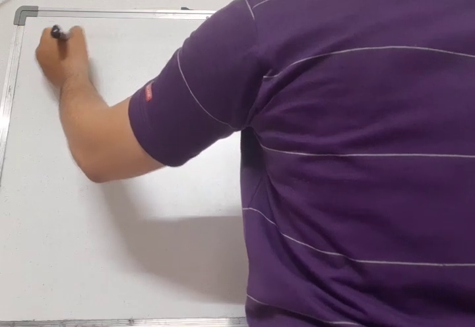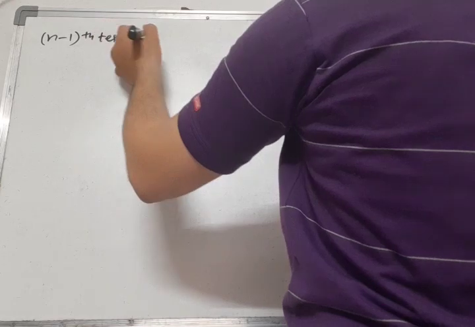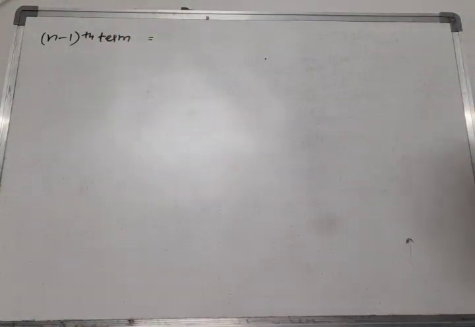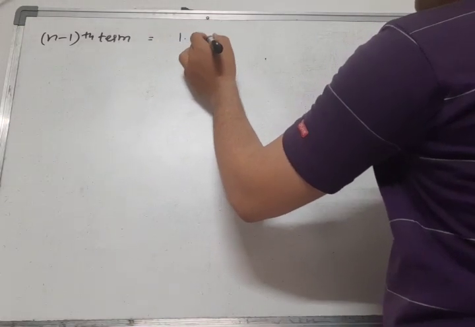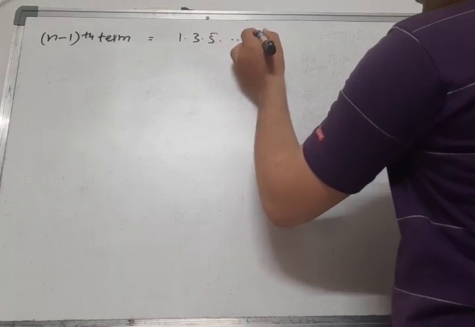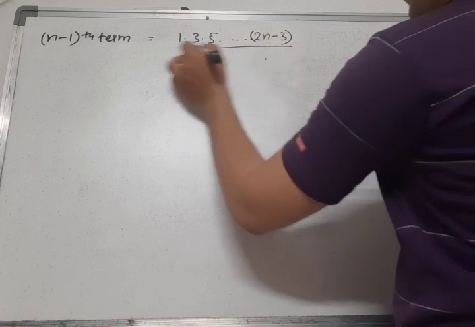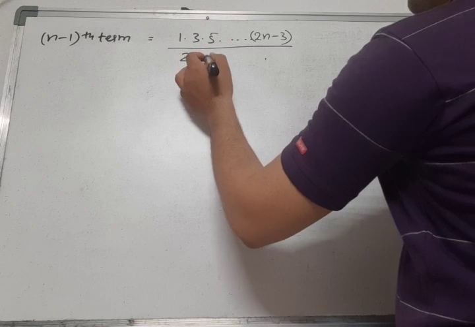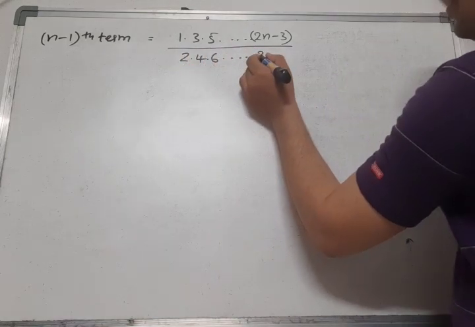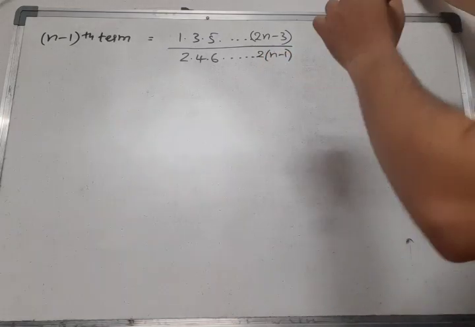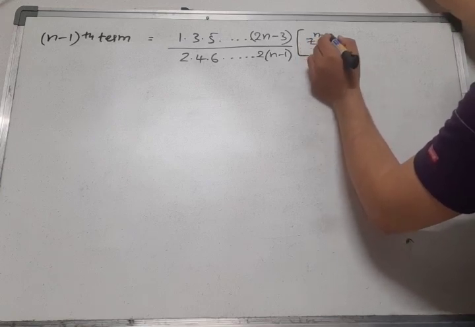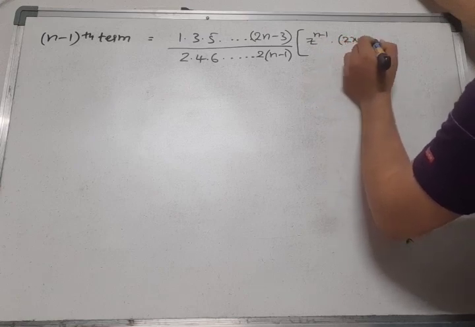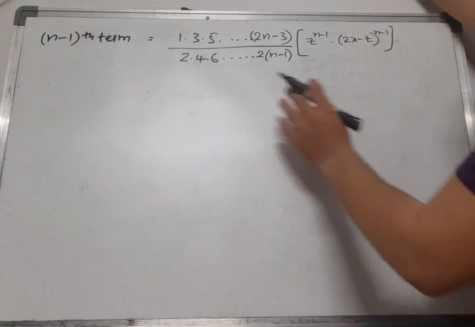What is the n minus 1th term? 1 into 3 into 5 and so on up to 2n minus 3, divided by 2 into 4 into 6 and so on up to 2 into n minus 1, into z to the power of n minus 1 into 2x minus z whole to the power of n minus 1. This is the n minus 1th term.